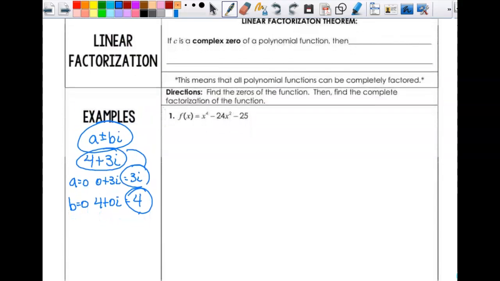The factorization theorem says, if c is a complex zero, so let's say 3 is one of our zeros, it's a complex zero. That doesn't mean it has to be imaginary, just a number. If c is a complex zero of a polynomial function, then x minus c is a linear factor of the polynomial.